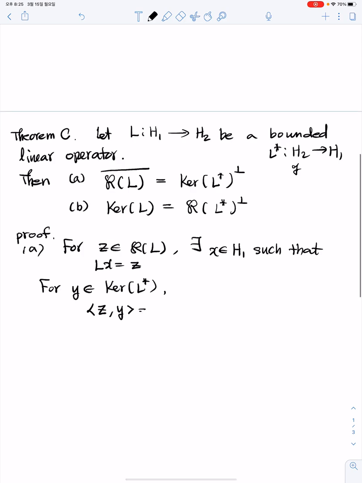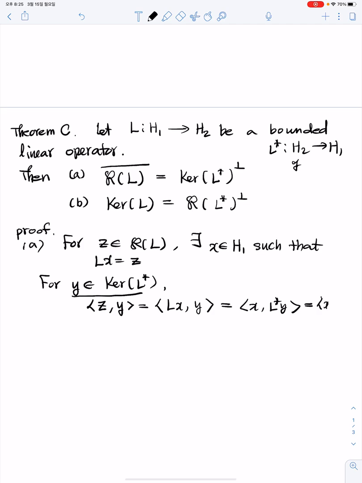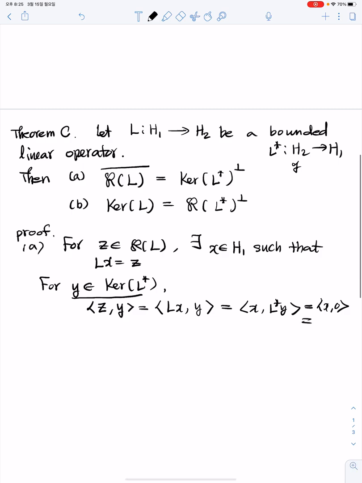By definition, this is the inner product of Lx and y, and L star is the adjoint operator, so this is the inner product of x and L star y. But y is an element in the kernel, so this equals the inner product of x and 0. Finally we have this is 0.